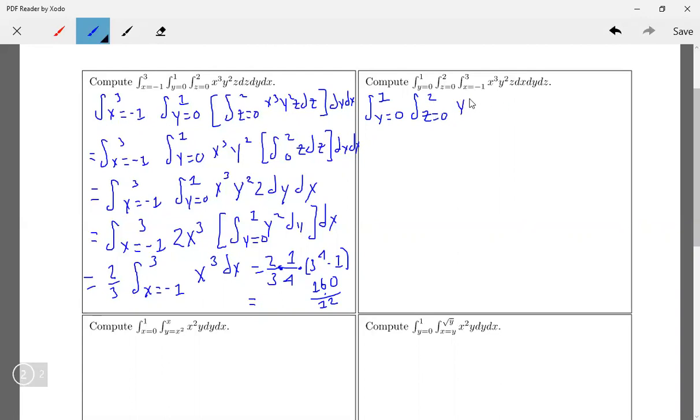So I'm going to go on ahead and factor out the y squared and the z. Again, because as far as x is concerned, y and z are constants. So this is the integral x is equal to minus 1 to 3 of x cubed dx. And then on the outside, we'll have dz dy.